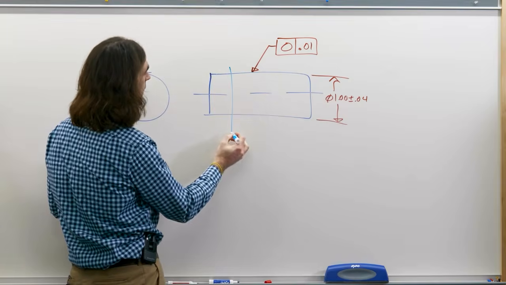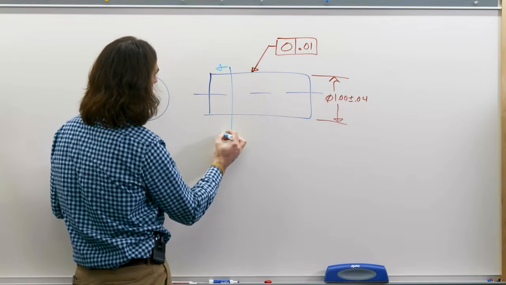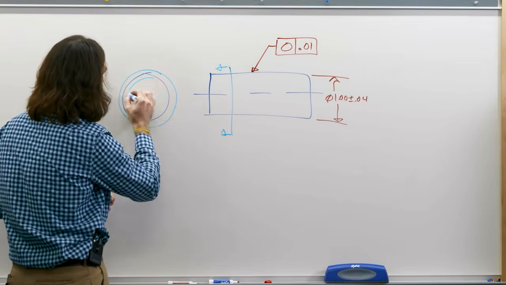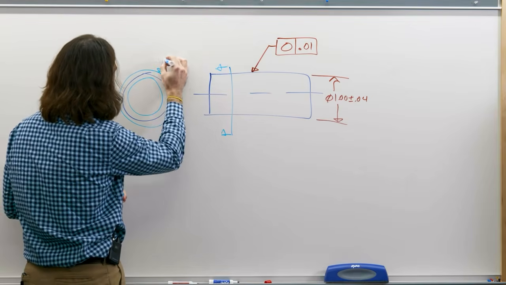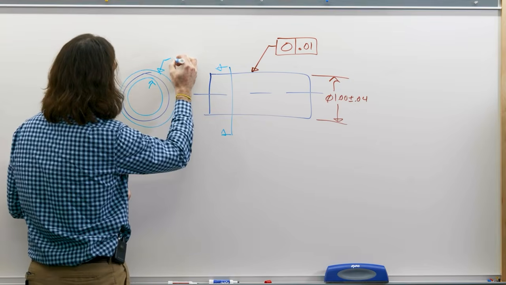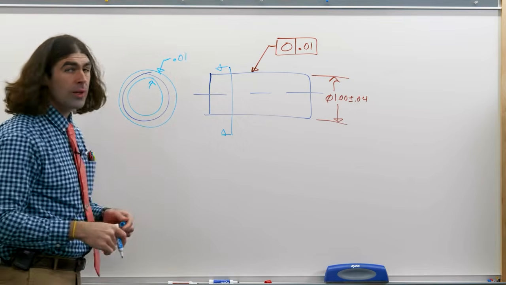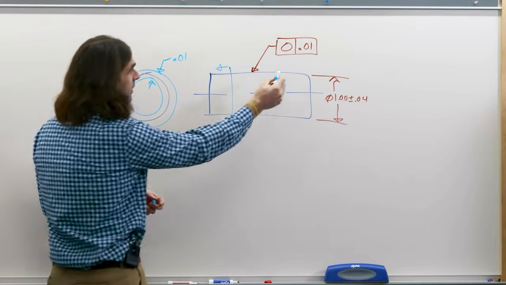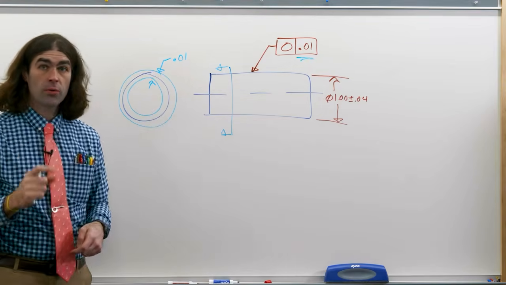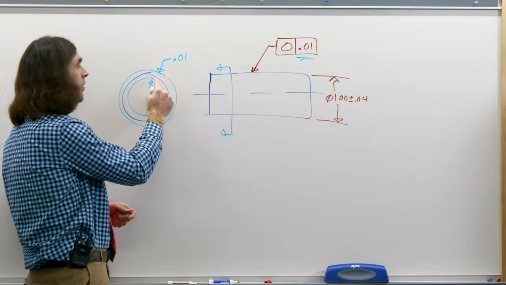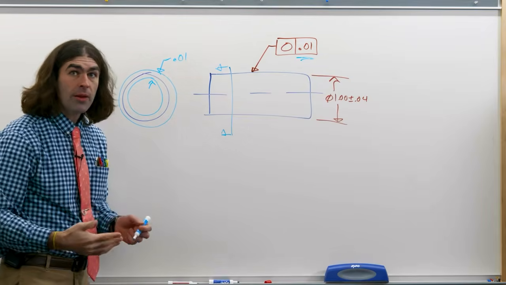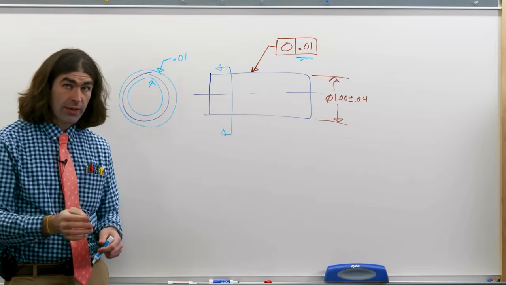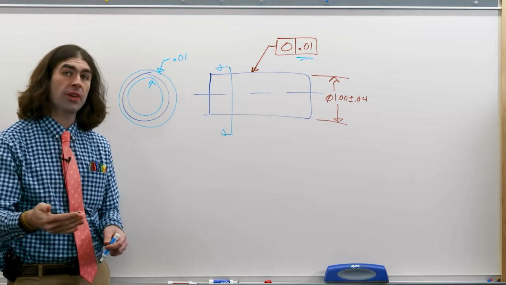So say we take a slice right here, we've got two concentric rings, that's the tolerance zone, this distance apart radially. So from here to here. And the surface of the part has to lie within those 2 concentric rings at every cross section.